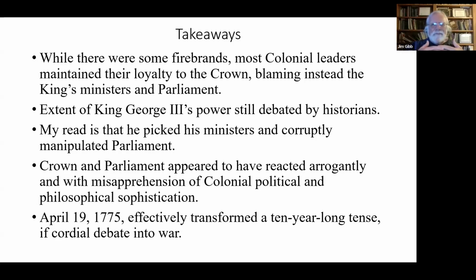But April 19, 1775, effectively turned this long debate since the end of the French and Indian War. It was always tense, but it was a fairly cordial debate, full of polite remonstrances and petitions, and it just put an end to all that.